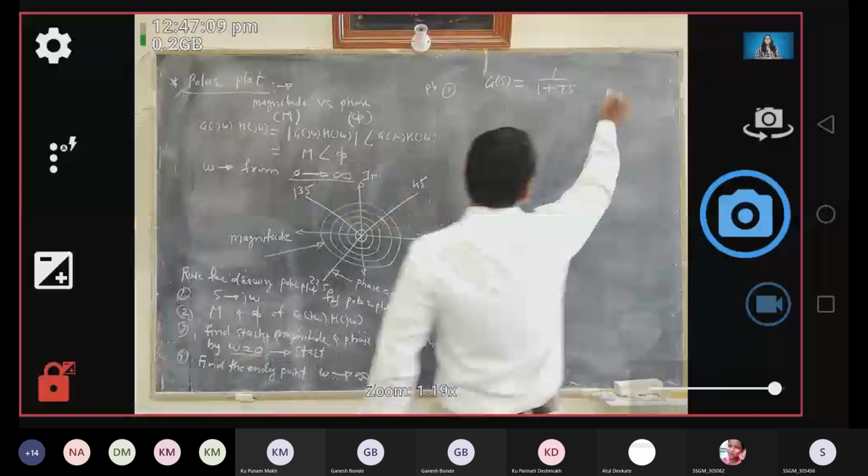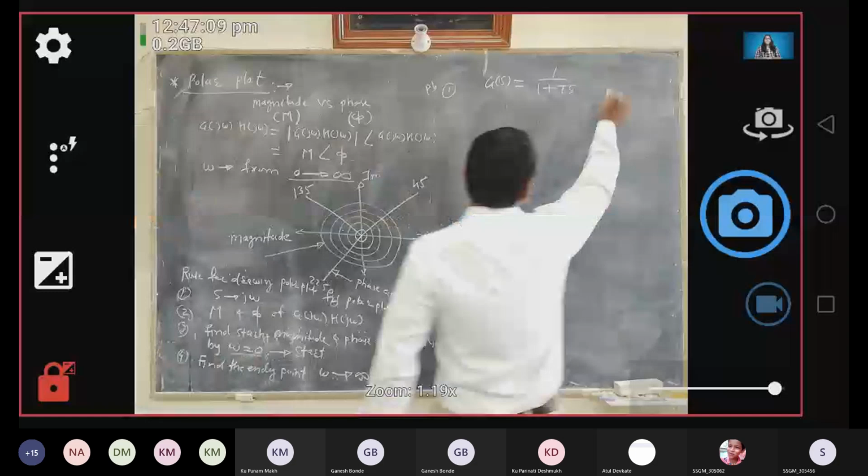So simply substitute omega is equal to 0 in this M. So 1 upon square root of 1 plus 0, so it will be 1. Then substitute omega is equal to 0 in the angle. What is tan inverse of 0? We have a calculator. Can you tell me the value? It will be 0. So this will be the starting point. You can write it down here.